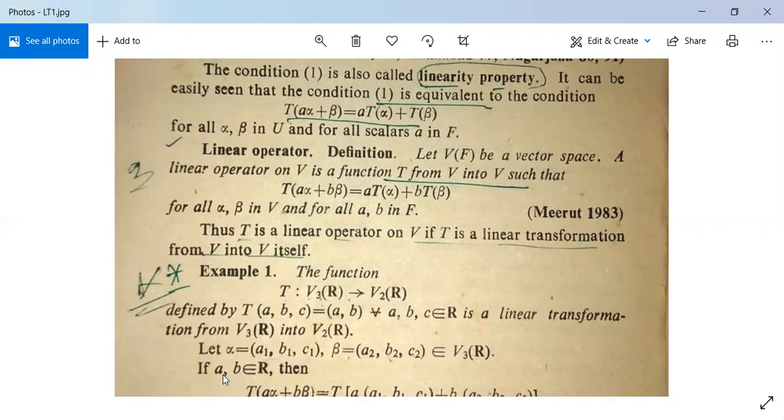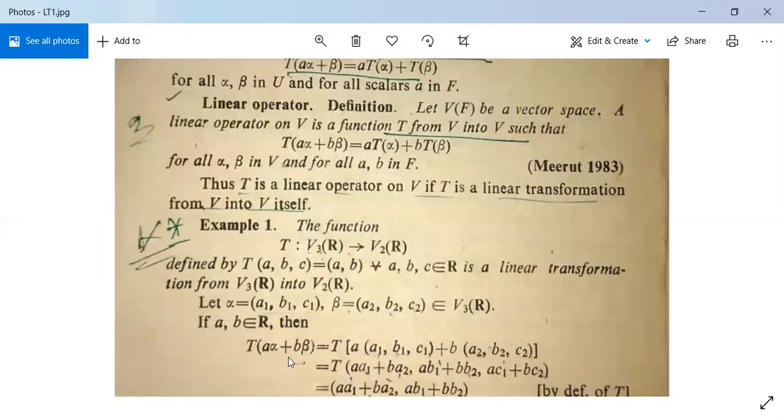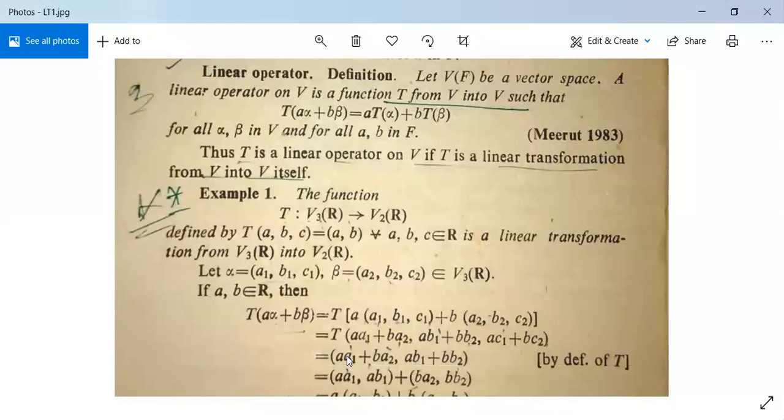Then for a, b in R, we will evaluate T(aα + bβ). So it is equal to T(a(a1, b1, c1) + b(a2, b2, c2)), which can be written as T(aa1 + ba2, ab1 + bb2, ac1 + bc2).